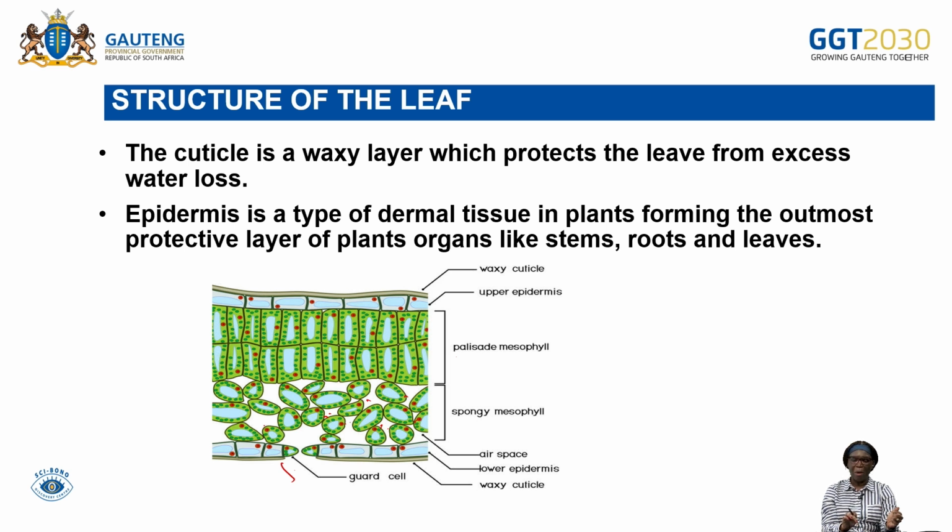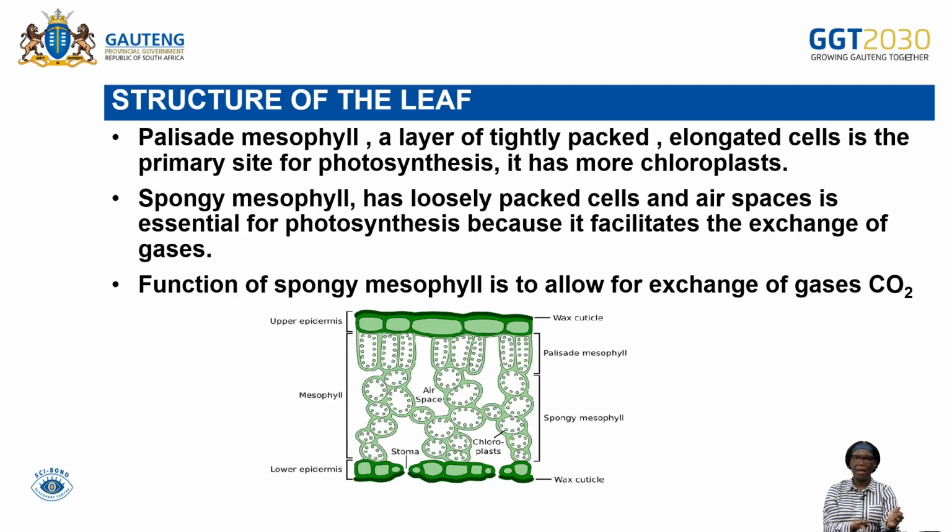Meaning the process of photosynthesis will be more concentrated in the palisade mesophyll than in the spongy mesophyll. Why? Because there are more chloroplasts in the palisade mesophyll.